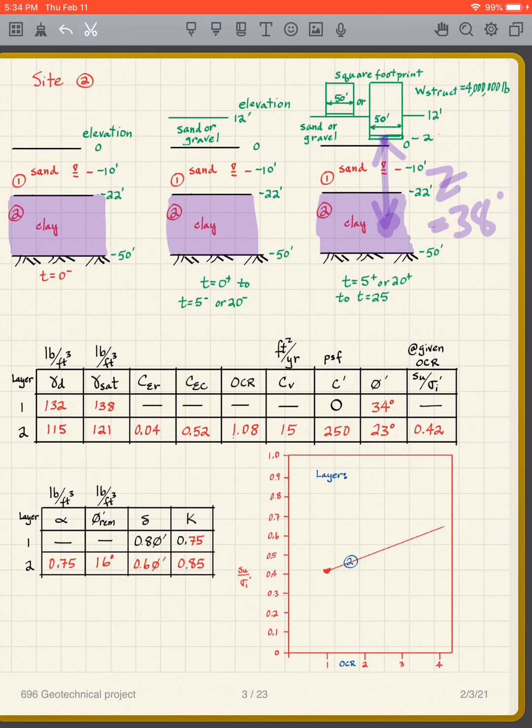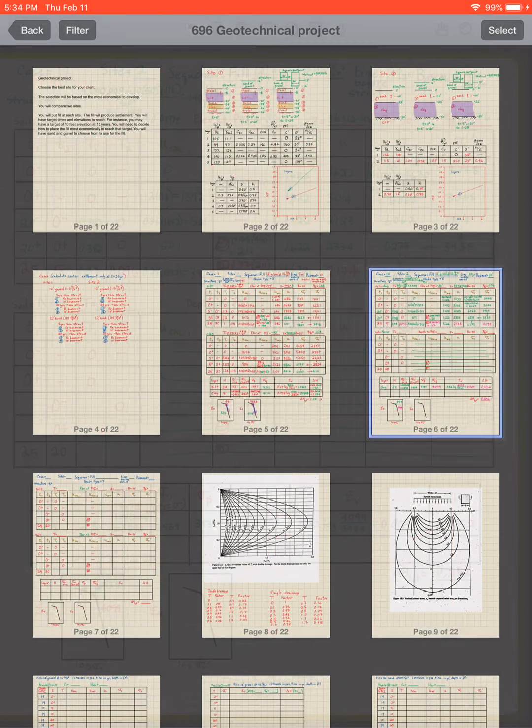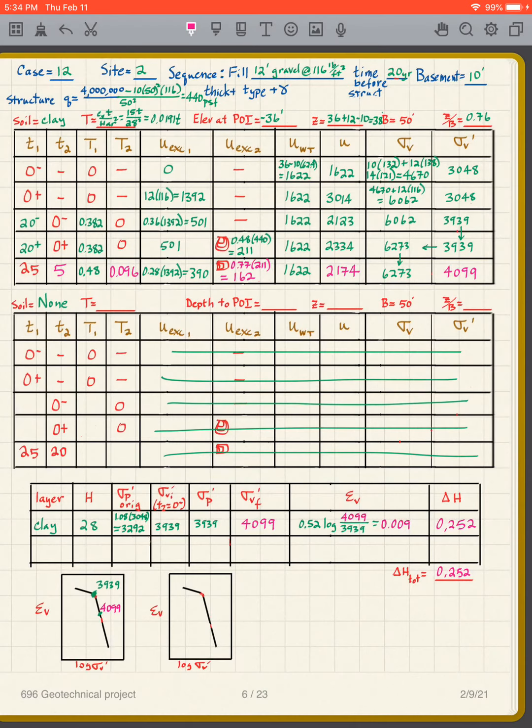That means my times now are 20 years here. So I have the 0, the 25, but now this is 20.